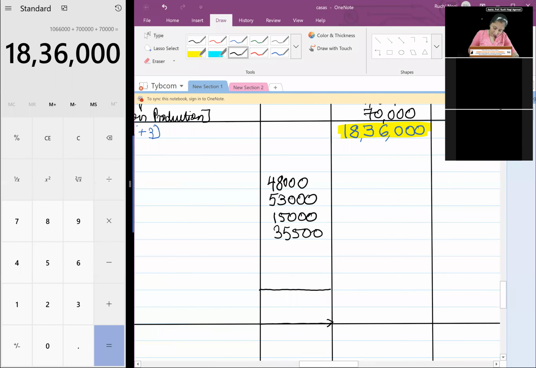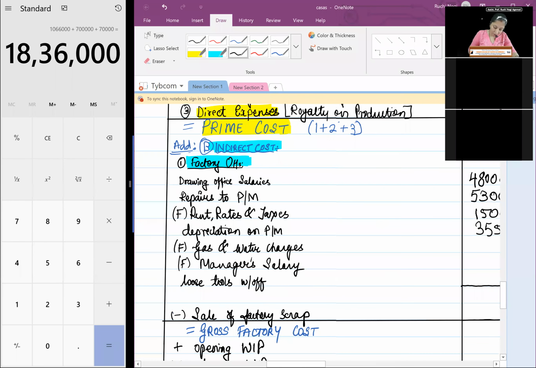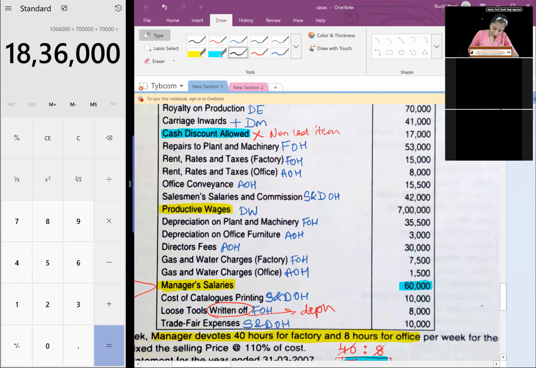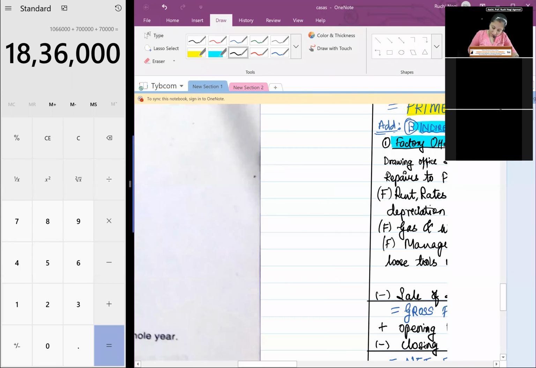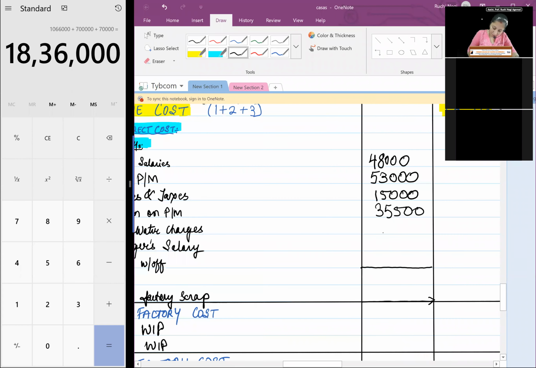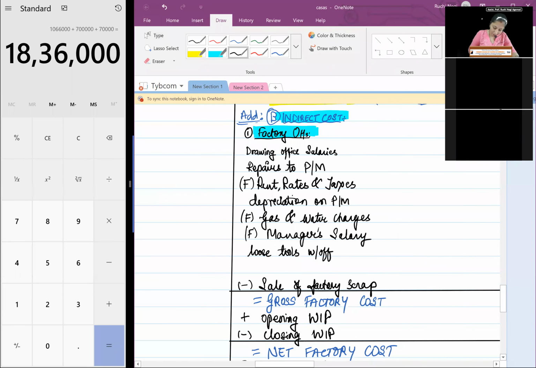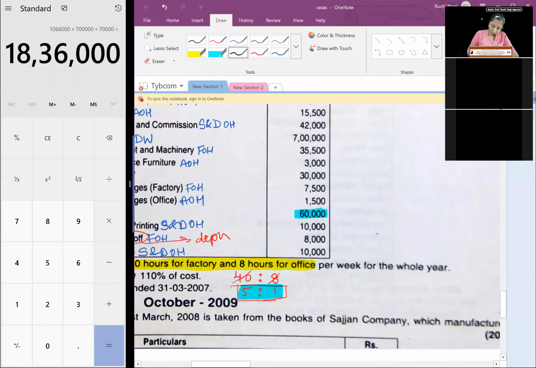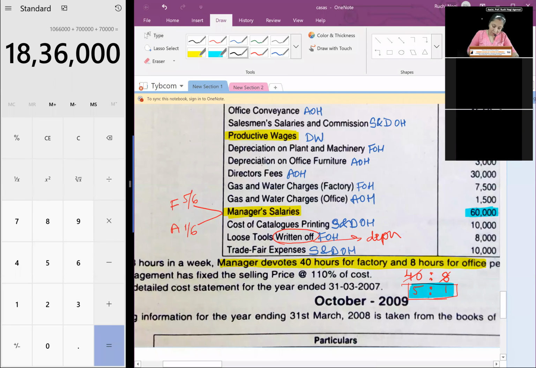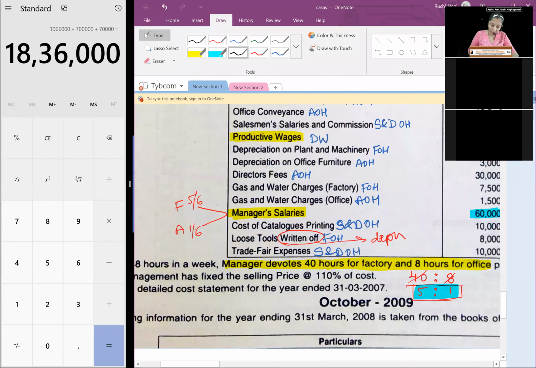Next, gas and water charges 7,500. Next, factory manager's salary. Okay, so this I had an adjustment, 60,000. I have to divide it in factory and admin in the ratio 5:1.